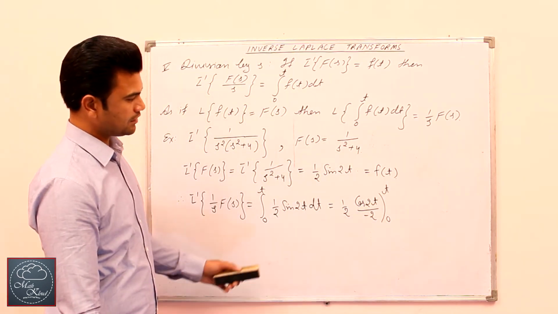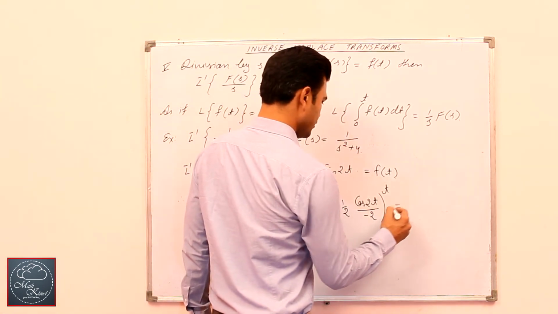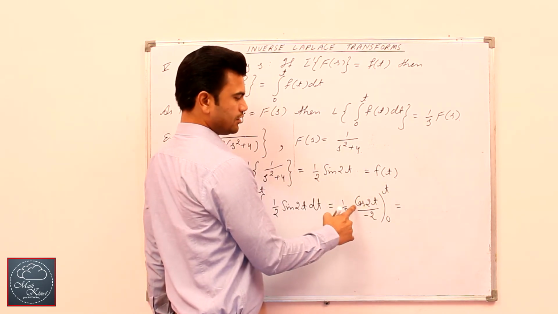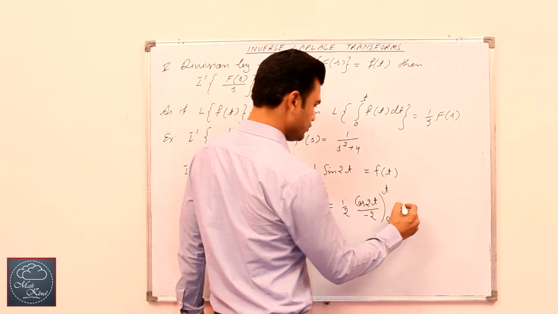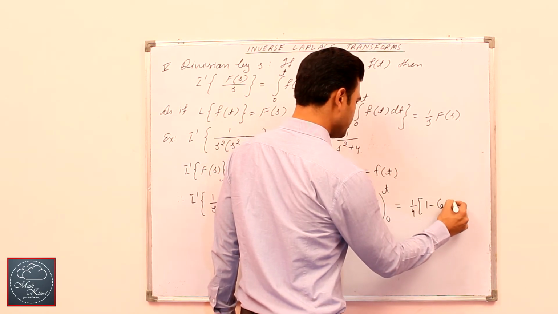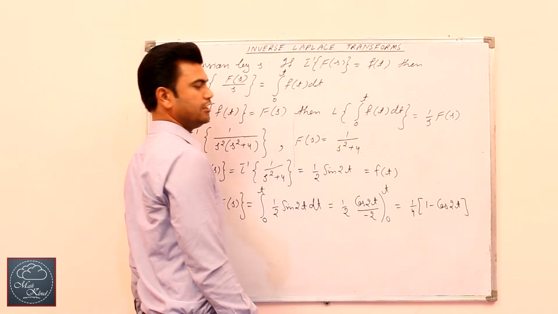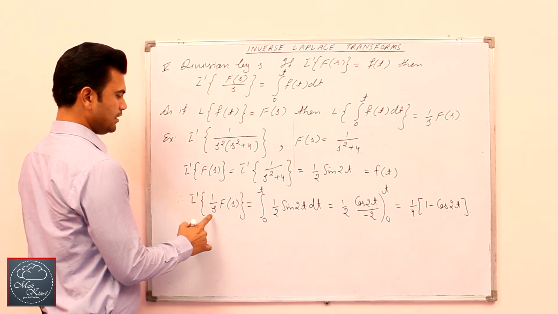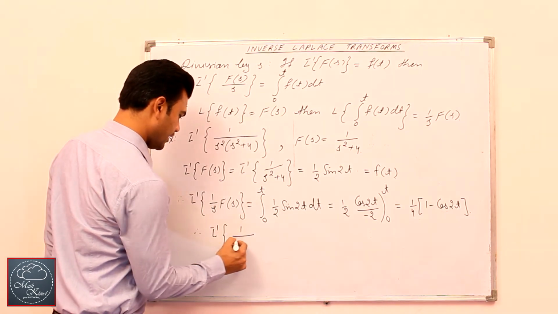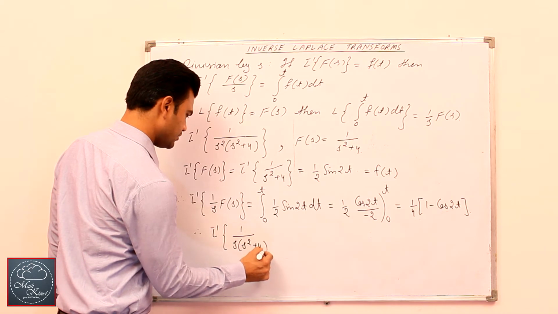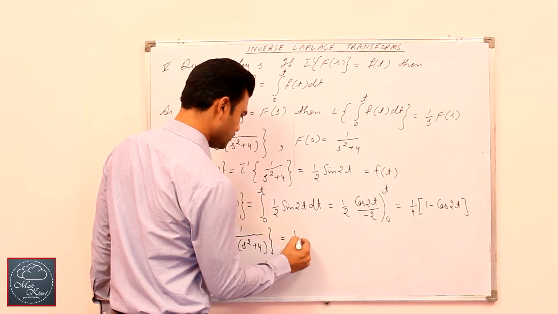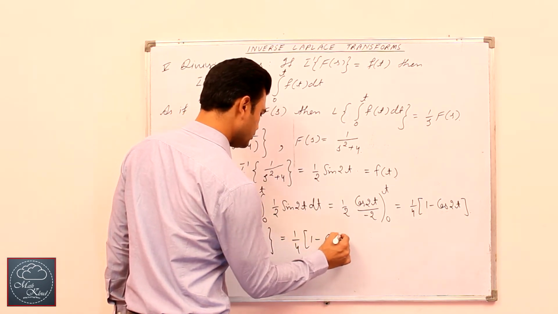When you put t equal to 0 it is 1, and when you take t it will be cos of 2t itself. So it is equal to 1 by 4 into 1 minus cos of 2t after putting in the limits. So this is the inverse Laplace transform of 1 over s into s square plus 4, because your F(s) is 1 over s square plus 4, and it is 1 by 4 into 1 minus cos of 2t.